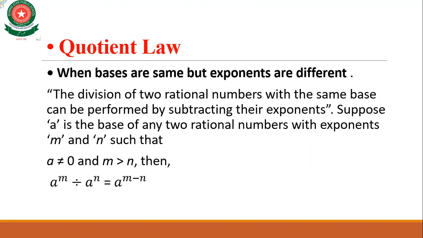Here the exponent law has two parts. Number one, when bases are same but exponents are different, and number two, when bases are different but the exponents are same. So these are two rules that are included in the question class. We will discuss them one by one.